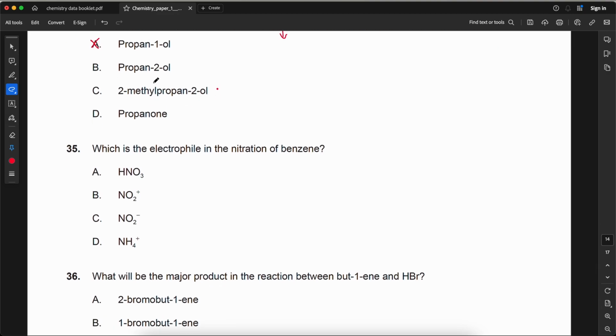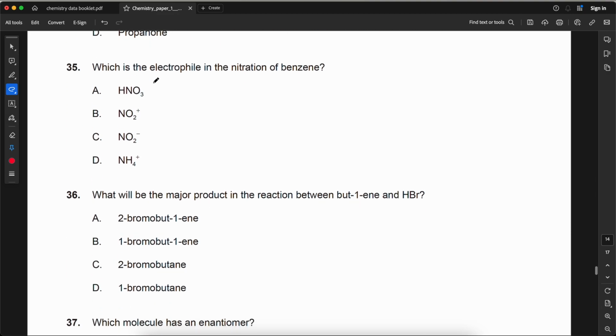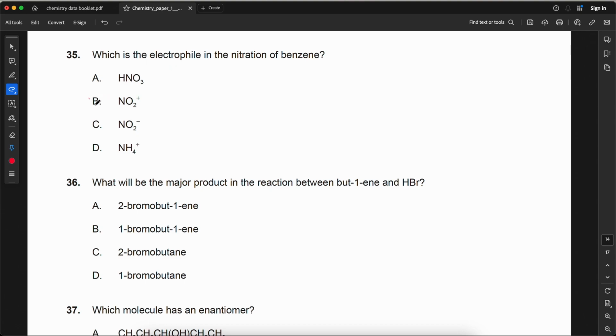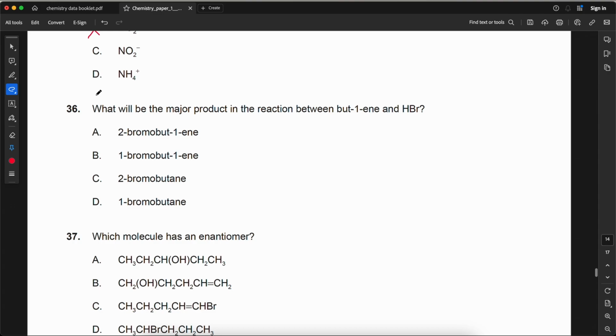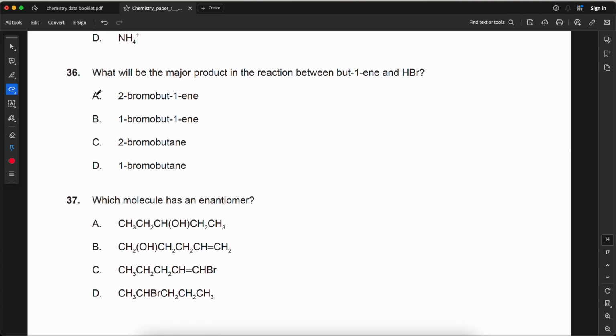Which is the electrophile in the nitration of benzene? Of course, it is only NO2 plus. What would be the major product in the reaction between but-1-yne and HBr? CH3, CH2, C, CH plus HBr.